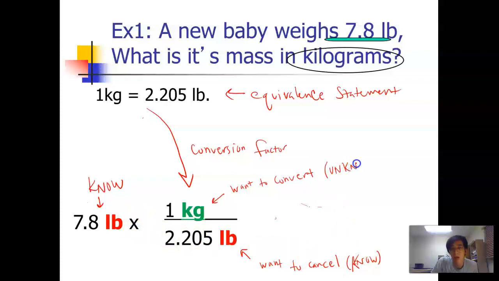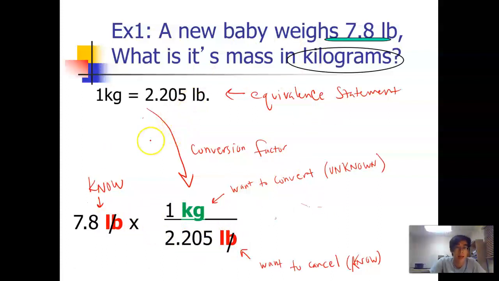I don't know what it is in kilograms. So, I cancel out there, cancel right there, right? Think of these units as variables, like when you were doing algebra, right?